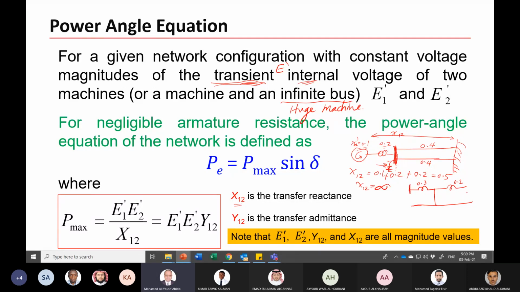So can we eliminate this configuration to have a direct connection between 1 and 2? Yes, we can do it. Assume the impedance here, X here, equal to 0. So this is a Y connection, and we can convert it to delta.